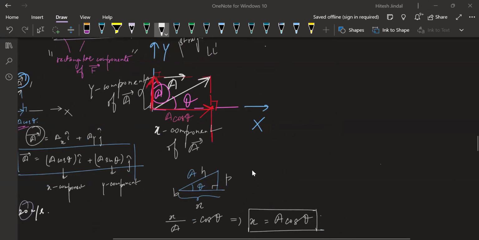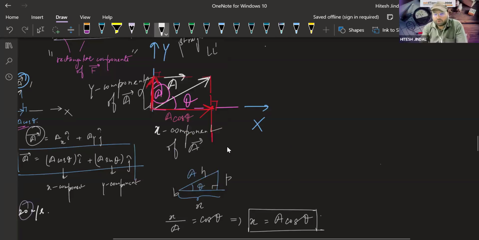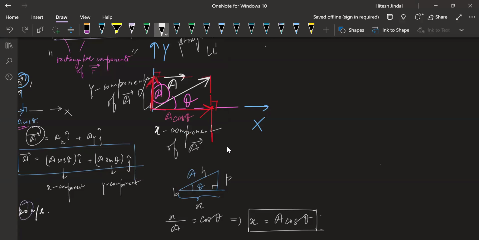Sir, will we be starting any new topic today or just the same? See, Amar, if you know this, you know how to resolve the vectors. Not quite, because I missed the first three classes. In the last session, I joined in the second class.